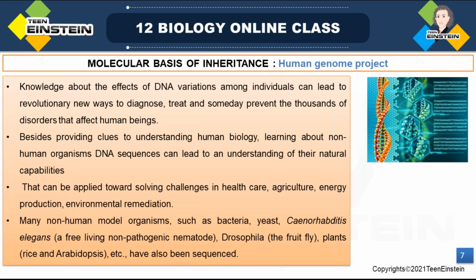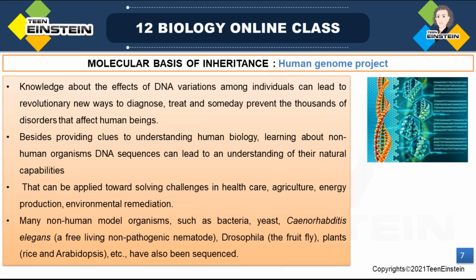So it is very easy to identify the sequence or the function of a gene in other organisms, these kinds of model organisms. That may help to find out the function and structure in other organisms also. These ideas can be used in biomedical technology and other research areas also. So that is the importance of the Human Genome Project.